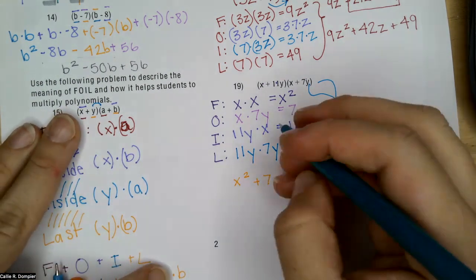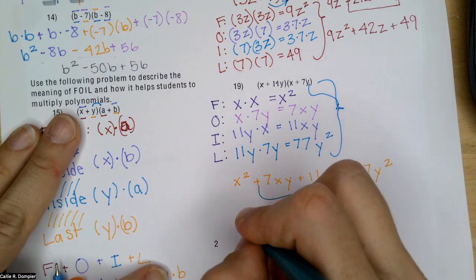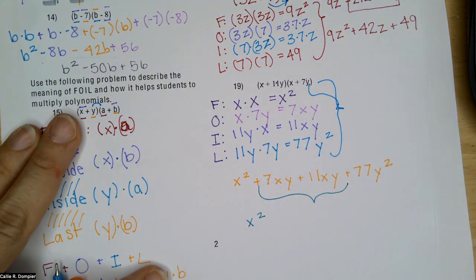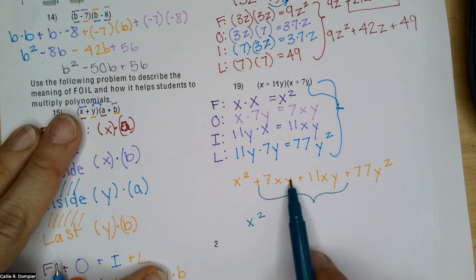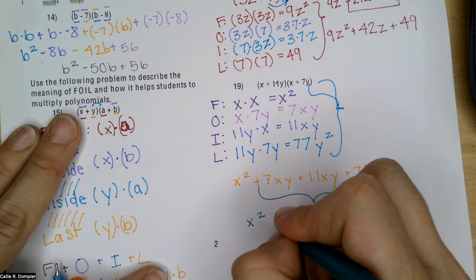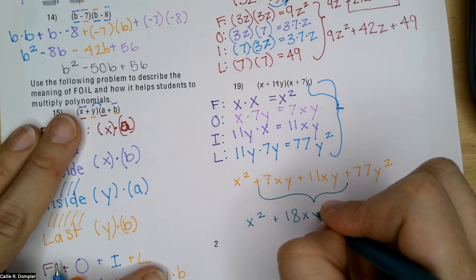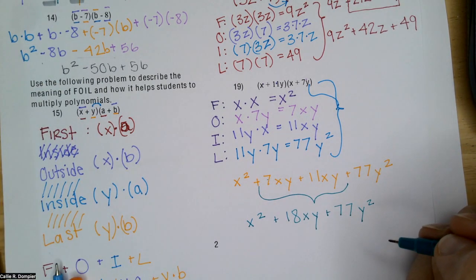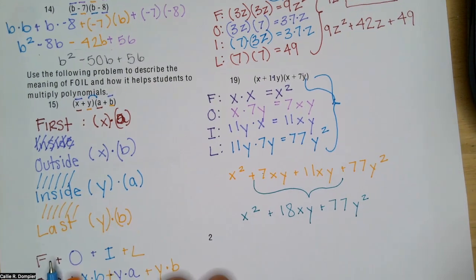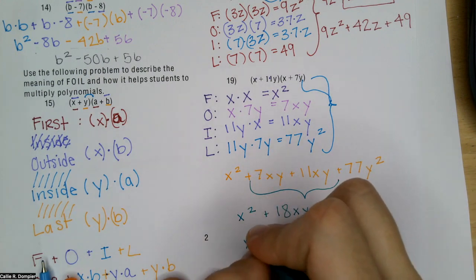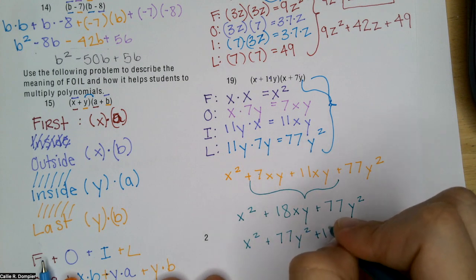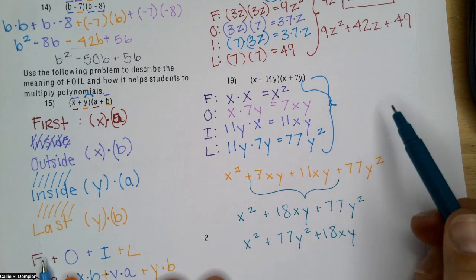You do need to combine like terms. 7xy and 11xy are like terms because they have x to the first power and y to the first power. 7 and 11 is 18. Good. Or you can say x squared plus 77y squared plus 18xy. Or you can leave it like that.